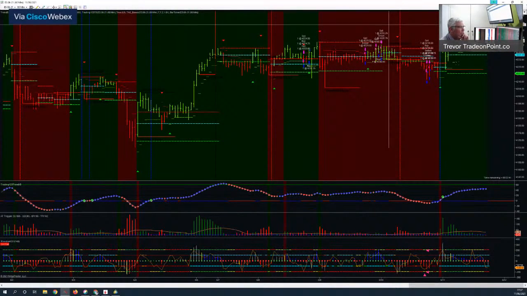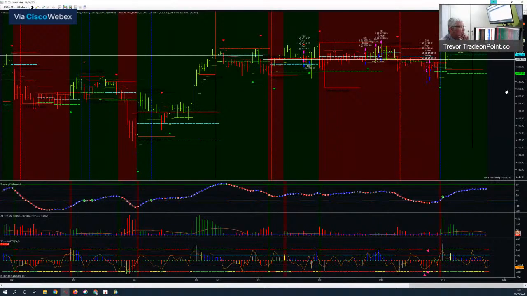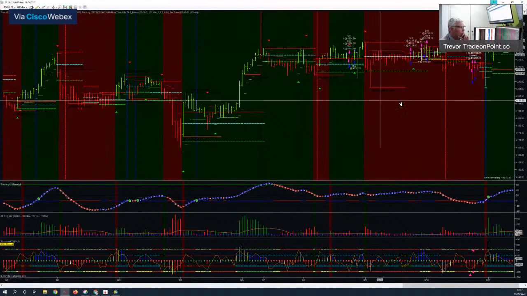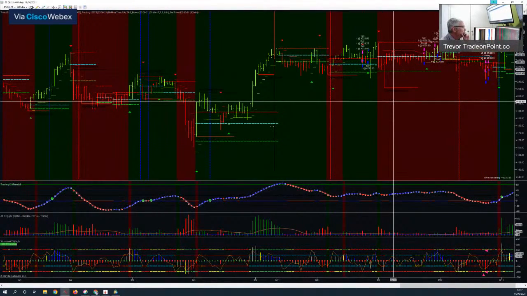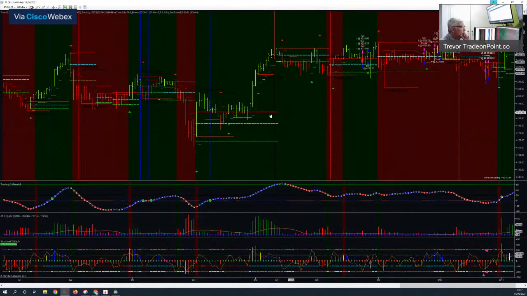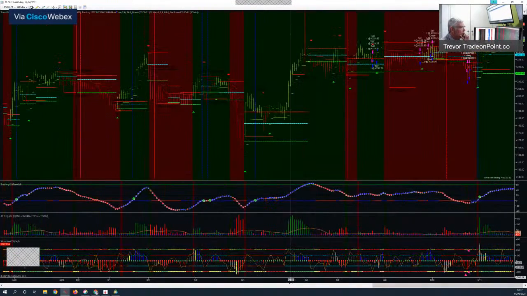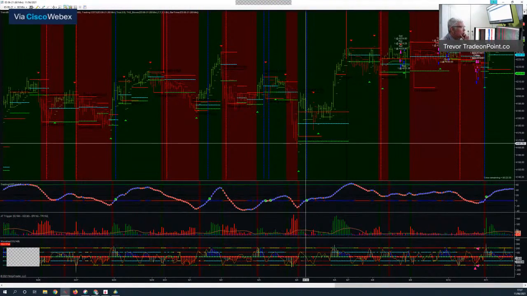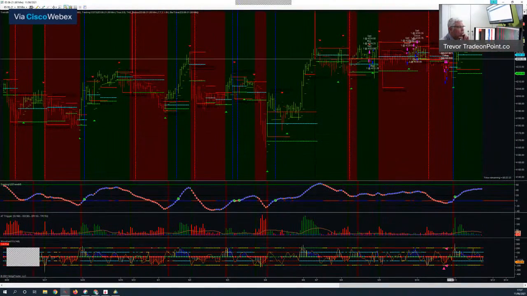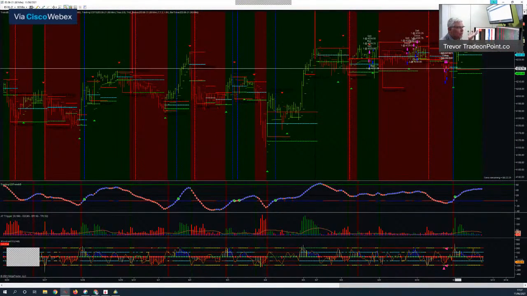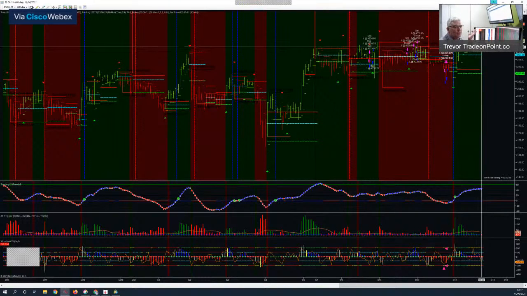You can see that's the London session. If you have a close look, this is the 1 hour chart. We can see we had this nice move up, massive rejection, retracement, move up, and we're just trading sideways at the moment. So I'm expecting this to break out south.